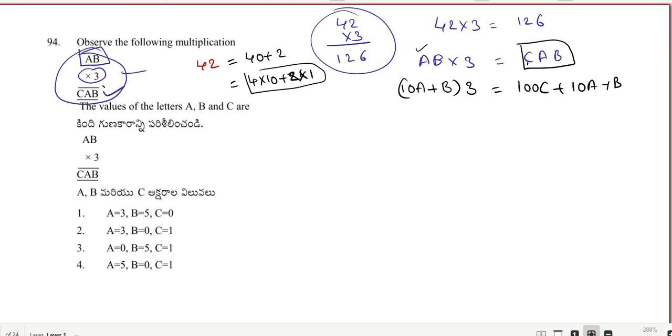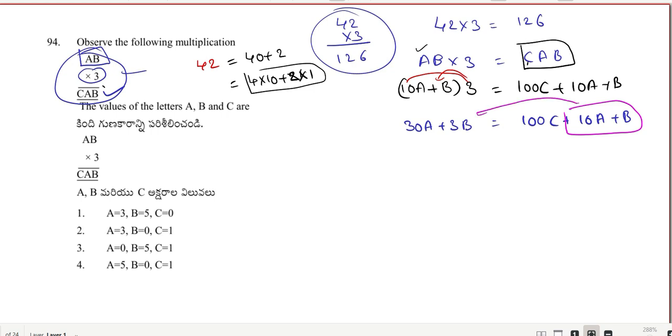Applying the distributive property, 3 into 10A and 3 into B can be written as 30A plus 3B, which gives us 100C plus 10A plus B. So, I'm going to transpose these A and B terms from the RHS to LHS, so that it becomes 30A plus 3B, and transposing this to the other side, minus 10A minus B, equals 100C.